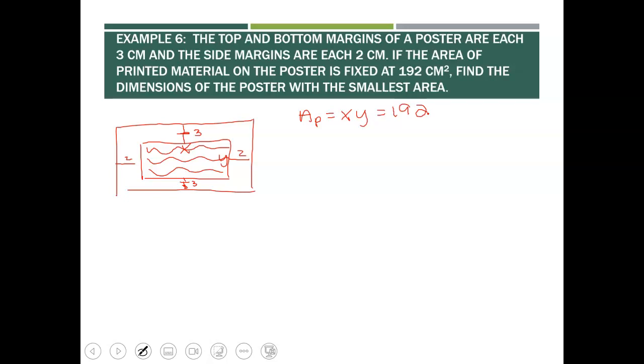So that represents the printed space. We need to find the dimensions that represent the entire space. So that means that this outside length is the inside printed length plus both margins.